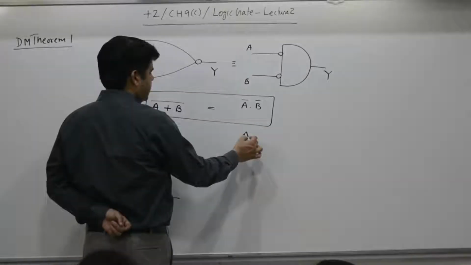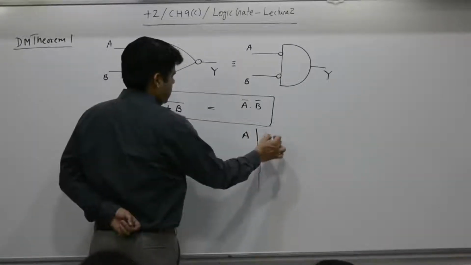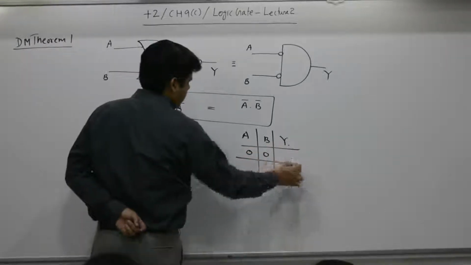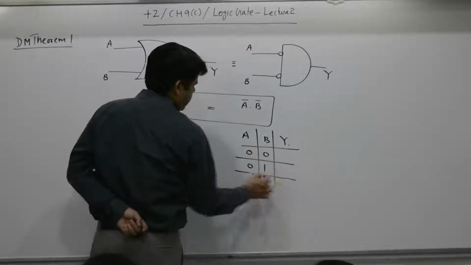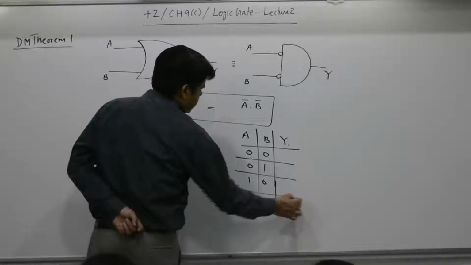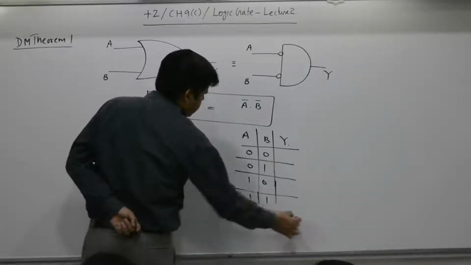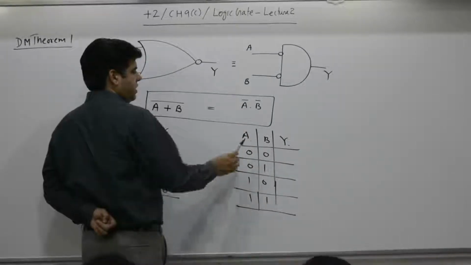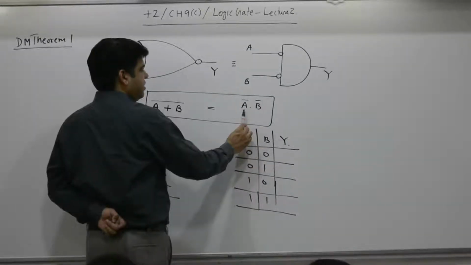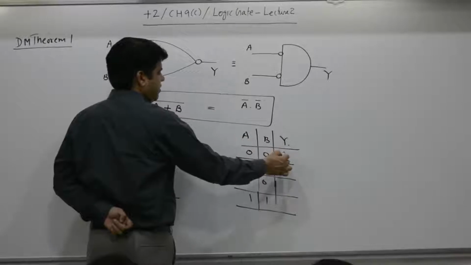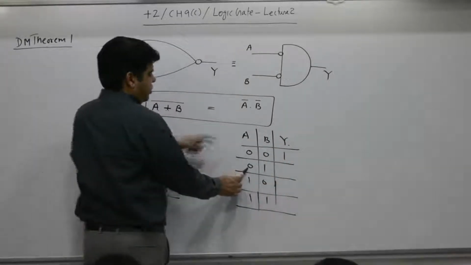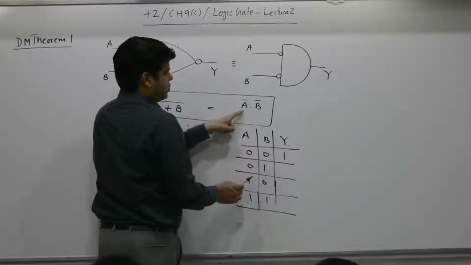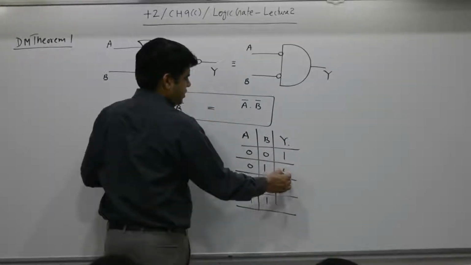Let's see the right side. 0 0, 0 1, 1 0, 1 1. 0's complement is what? 1. 0's complement is 1. 1 ANDed with 1 is 1. 0's complement is 1, 1's complement is 0, so 1 ANDed with 0 is 0.